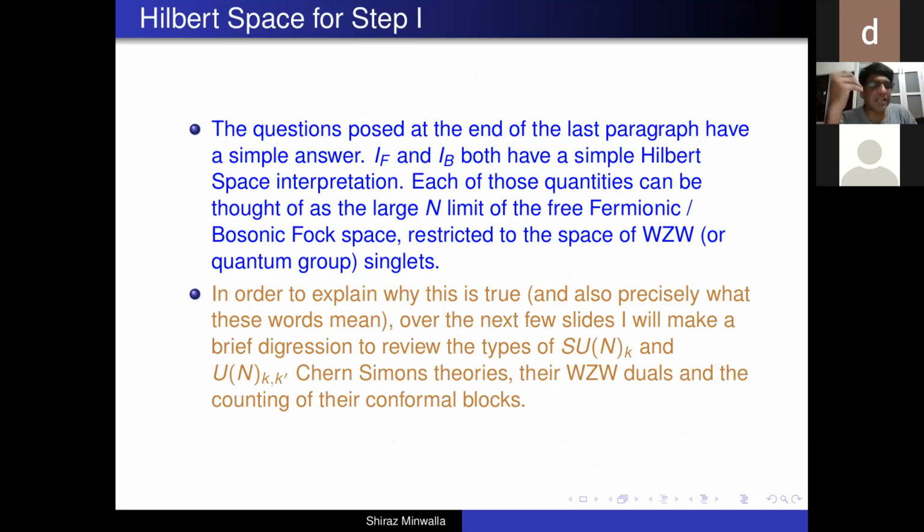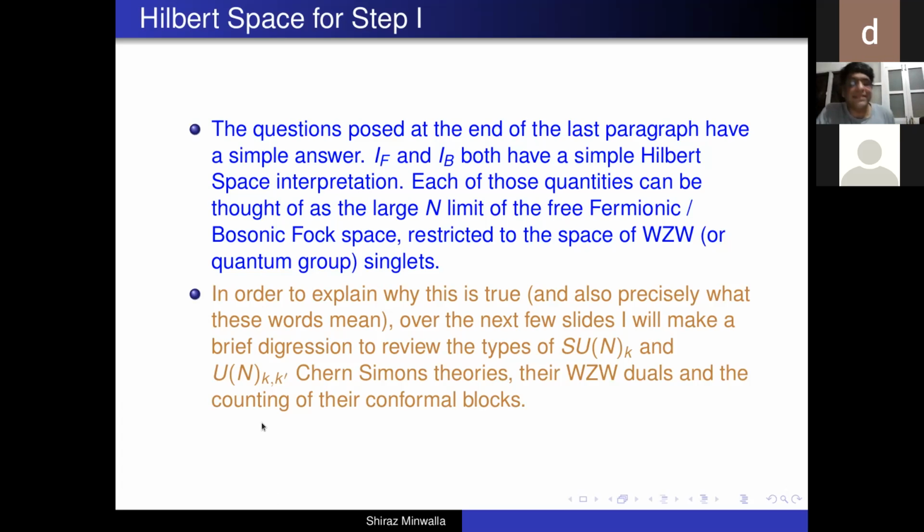Okay. So I'm going to claim that the questions asked at the end of the last transparency have a very simple universal answer, both for the case of fermions and for the case of bosons. But in order to explain that answer to you, I'm going to have to go into some technicalities about Chern-Simons theories.